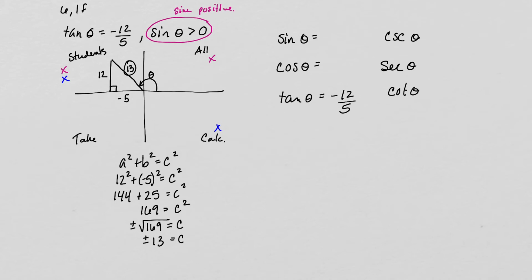So the sine is going to be the opposite 12 over the hypotenuse 13. The cosine is going to be the adjacent, so negative 5 over the hypotenuse 13. And then to get those other three, we just flip them over. So this is going to be 13 over 12. The secant is going to be negative 13 over 5. And the cotangent is going to be negative 5 over 12.